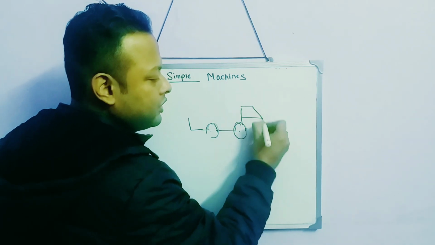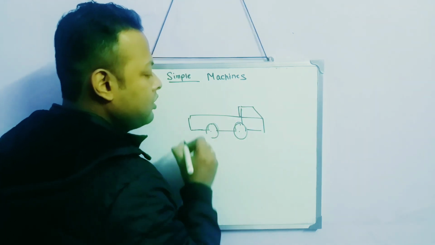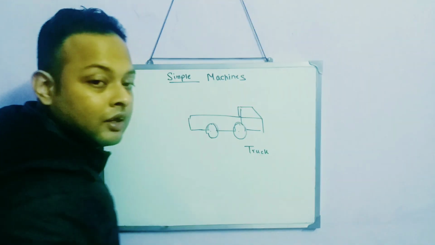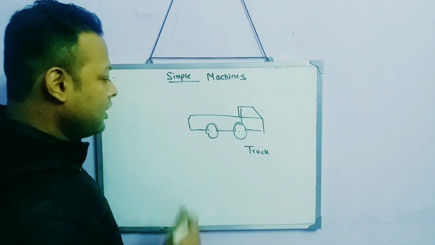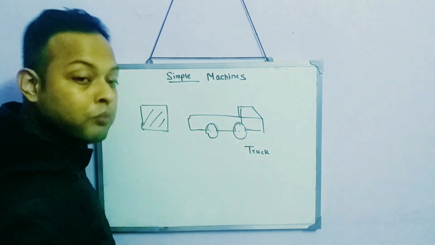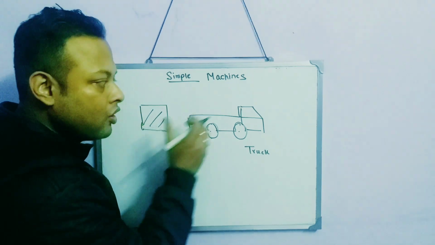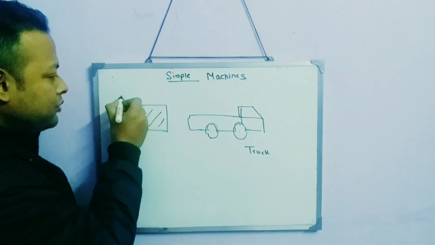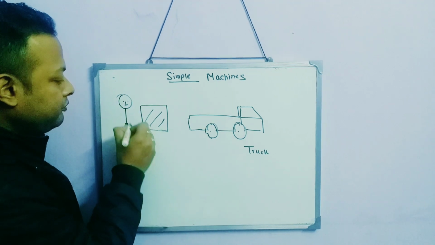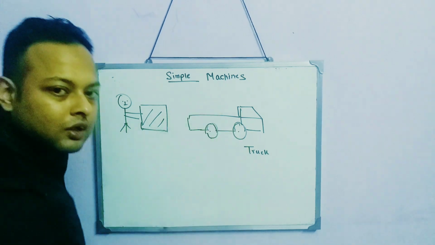Suppose this is the truck you have, basically used for carrying goods. And suppose this is a heavy box that I have, and I have to lift this box onto this truck. And suppose this is the person. This person's work is to lift this box onto the truck.